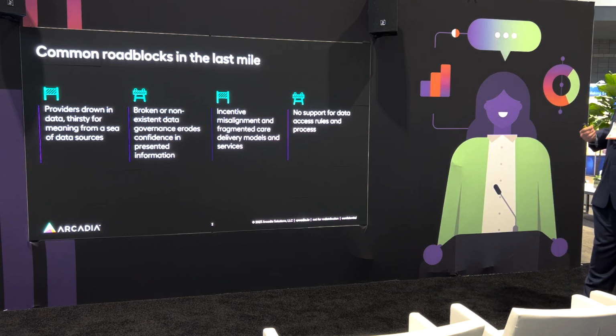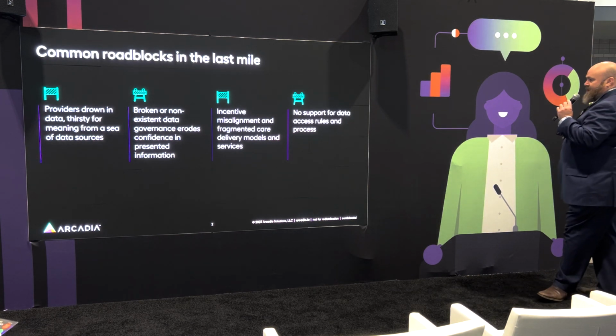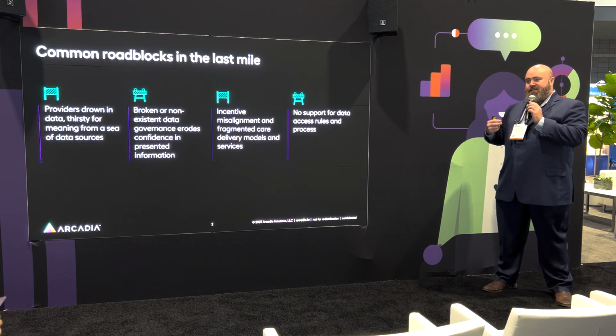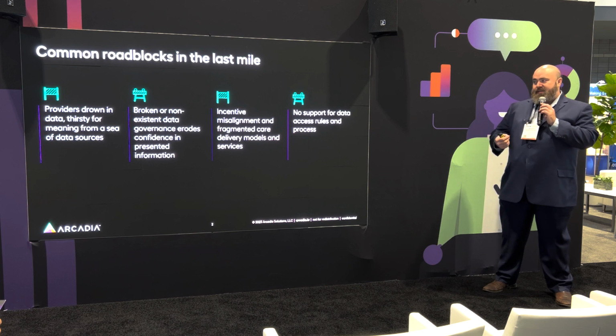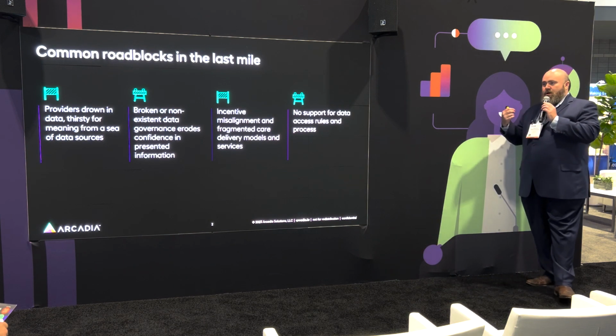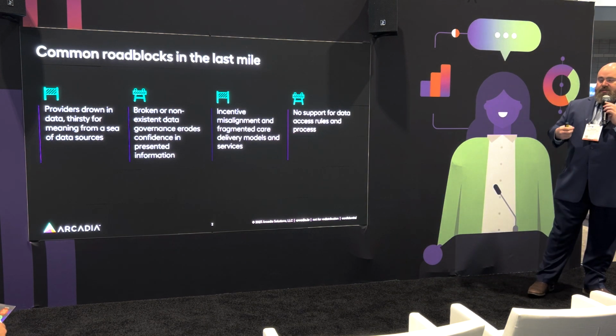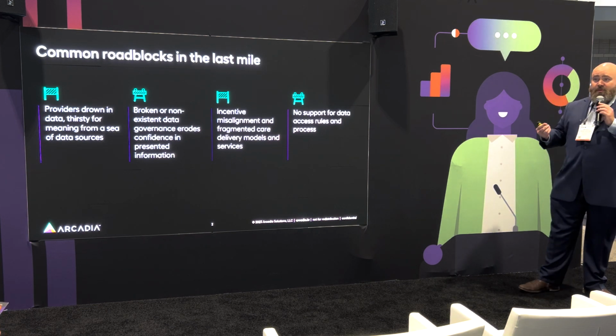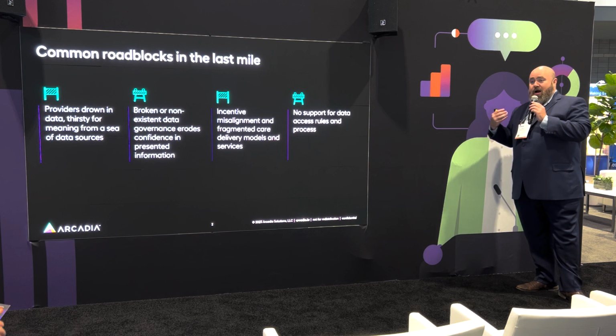The second one is thinking about data governance, thinking about how you can apply some kind of governance to the semantics of the data so that you're curating that information in such a way that it's aligned with what you're trying to enable. A specific example of that would be something like a problem list.